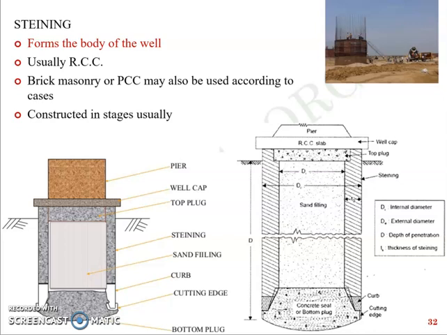Let's say 1.5 meter height is one lift, and it's constructed in stages of 1.5 meters. So again, like I said, a typical example of a well foundation is a diameter of, let's say, 5 meters and a depth of around, let's say, 12-15 meters. So that's just my attempt to give you a sense of dimension about how big this structure is.